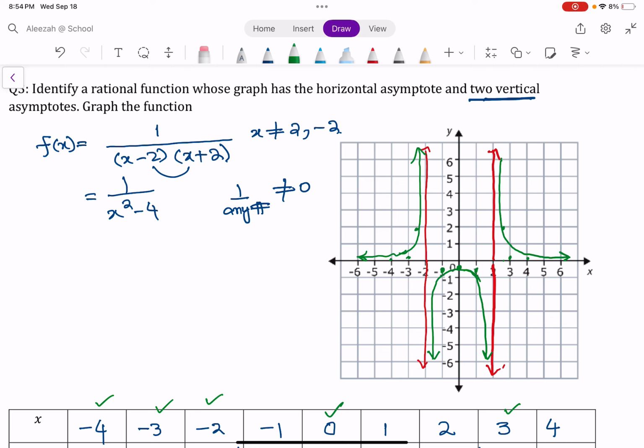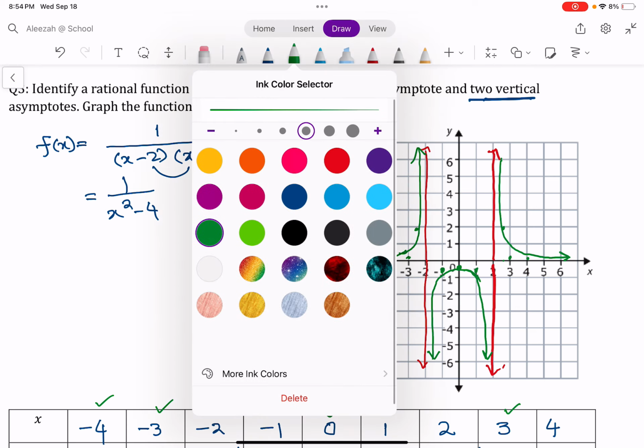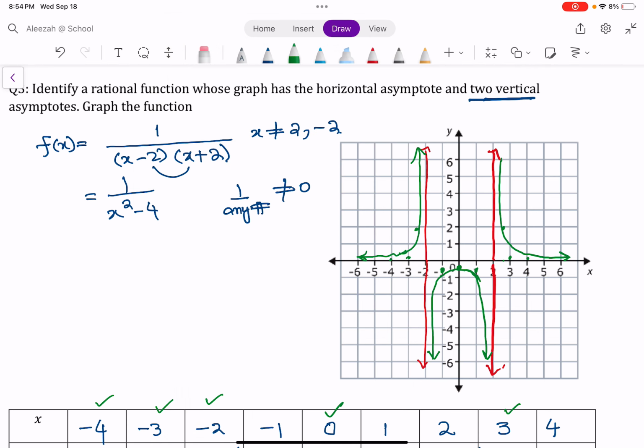And the horizontal asymptote is the x-axis. So if I graph my horizontal asymptote, okay, yes, that is my horizontal asymptote, right? So if I write what my horizontal and vertical asymptotes are, the horizontal asymptote is y equals 0, which is the equation of the x-axis, and I have two vertical asymptotes, x equals 2 and x equals minus 2, right?